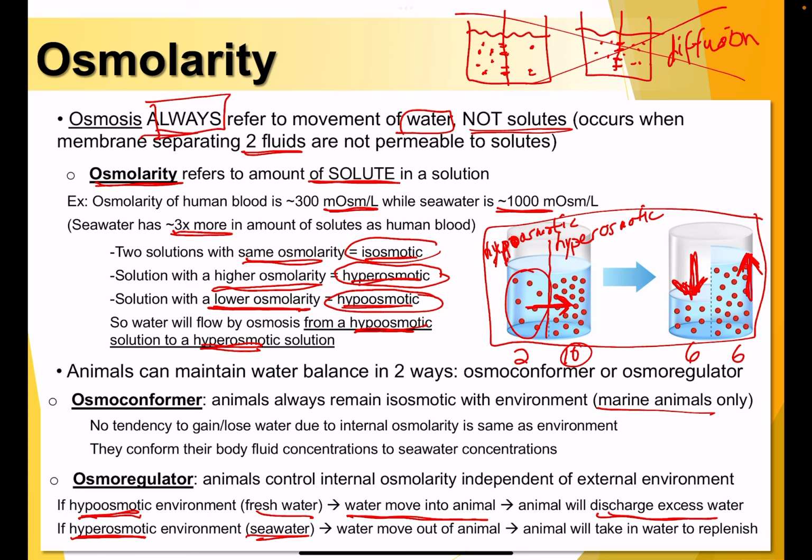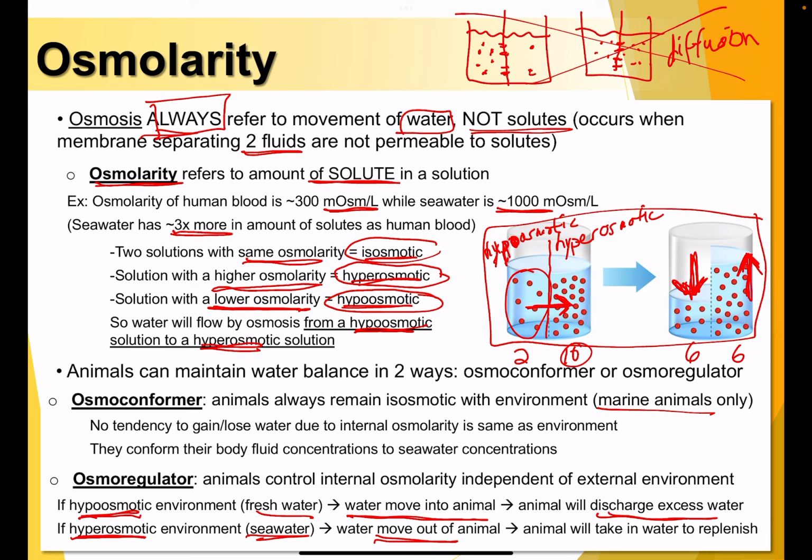So which way will the water move? Which way has higher salt? The environment, right? Because this is the salty beach water. So then water will move out of the animal. So they're, in a sense, dehydrating themselves in that situation. That will be similar to if I was to drink liters of seawater.